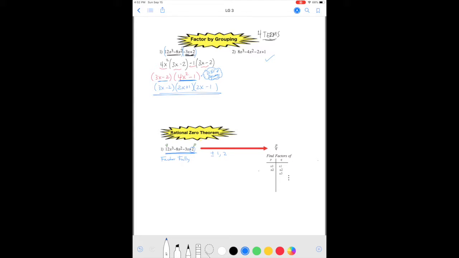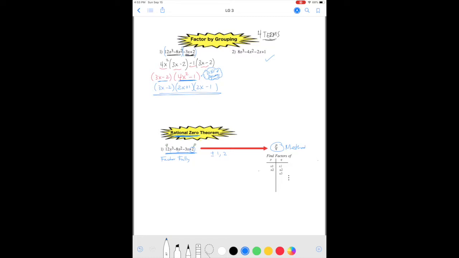If you plug those into these x's, you're not going to get a 0 in this situation. We call it the rational zero theorem because it's going to be a rational. All the x-intercepts of this function aren't going to be whole numbers. They're going to be fractions. So I call this the PQ method.